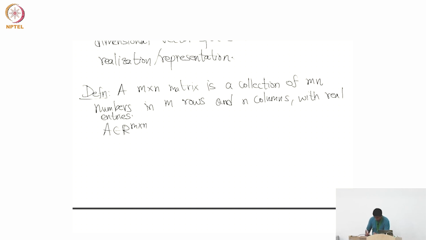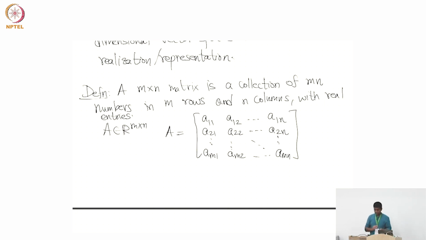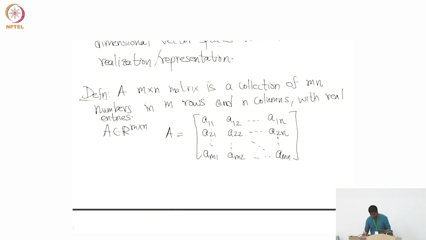So A is going to be of this form: A_{11}, A_{12}, up to A_{1n}, where each A_{ij} is a real number.